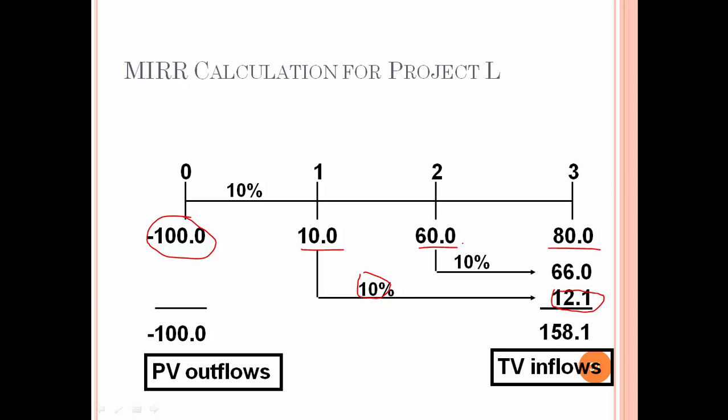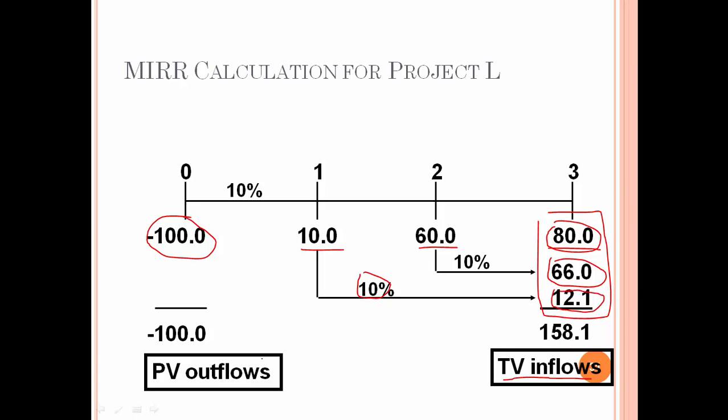And 60 reinvested at 10% for 1 year, that's why we have 66. And the 80 to be received at the end of year 3 would have no time to be reinvested, so it's 80 itself. We sum up these 3 numbers and get a total of 158.1 by the end of year 3. That is the total terminal value of all the inflows, assuming that they are reinvested at the cost of capital of 10%.